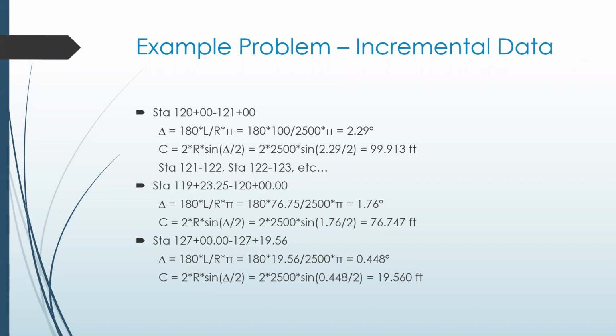So the longer the radius, the smaller the distance, the smaller the angle, the less difference you're going to have in that chord versus arc length. It becomes negligible. If you have a very large angle, it's going to make a big difference.